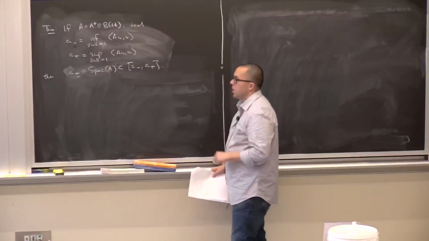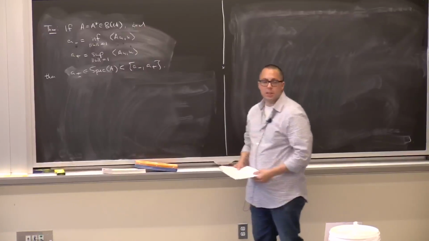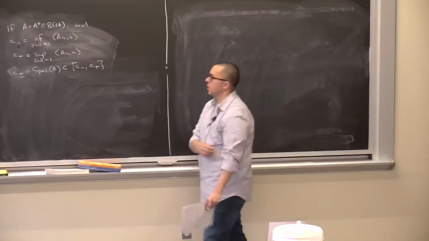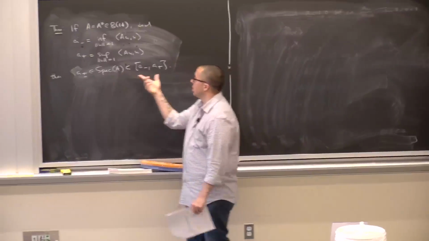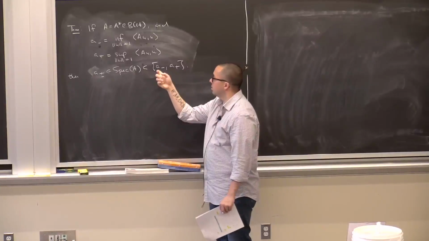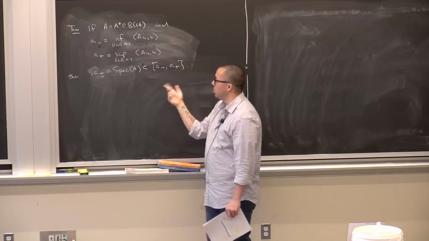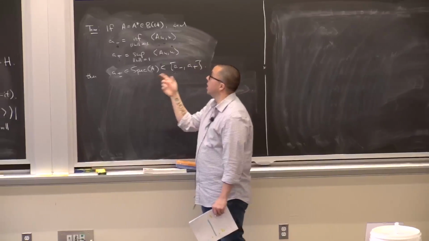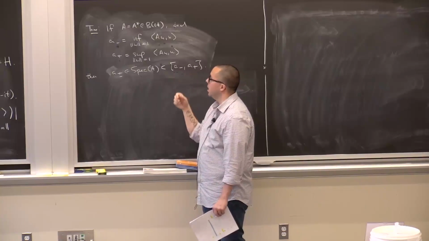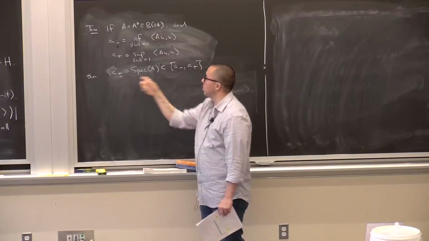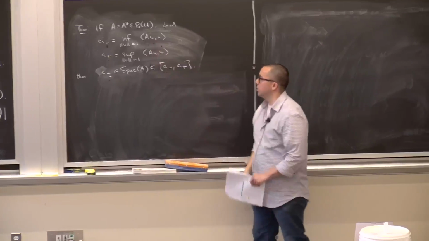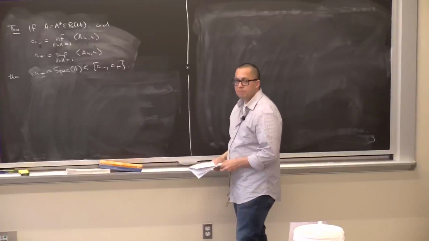So this is a tighter estimate than just the regular estimate that says the spectrum is contained inside the interval from minus norm A to norm A. And in fact, you get more information: not just that one of the endpoints has to be in, but both of these endpoints are in the spectrum. Okay?